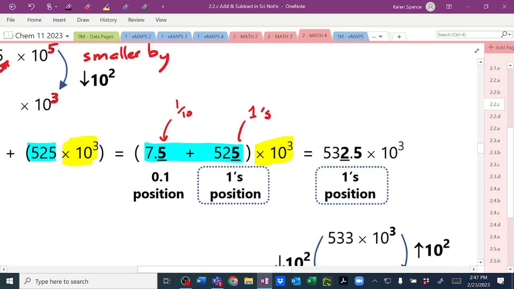So we have uncertainty in the tenths and in the ones. So we're going to look to the right, and we end up with 533 times 10 to the 3.